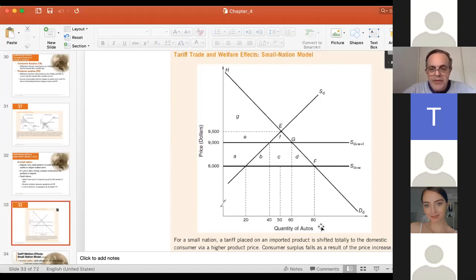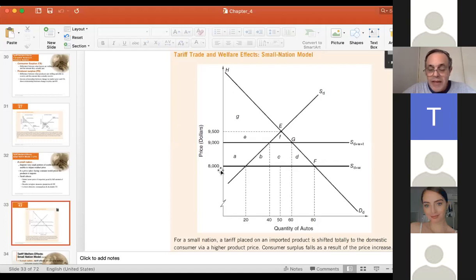The second step is to determine how much domestic producers will produce at this price. This again will be determined by the world price and the supply curve. Because at 8,000, domestic producers will only produce 20 units. So now I know how much the country will consume and how much the country will produce. By taking the difference between them, I will know exactly how much the country will import.